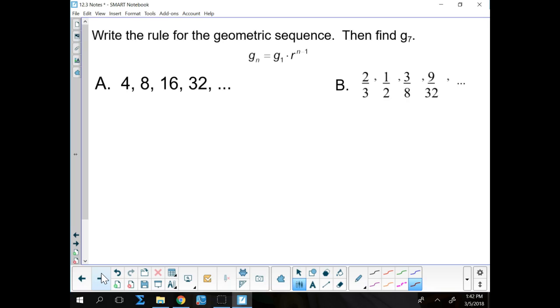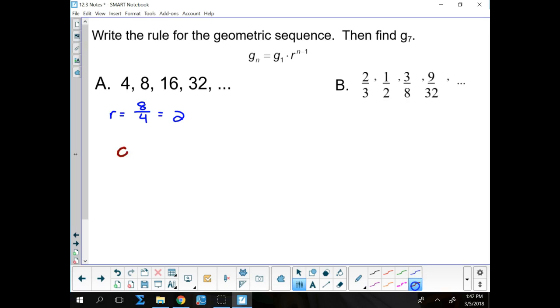Yeah, because I can take any term and divide it by the term right before it. So my common ratio here is 2. Do we agree with that? Okay. So now I can go to my rule.